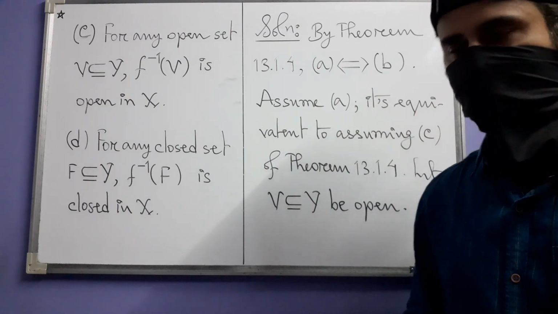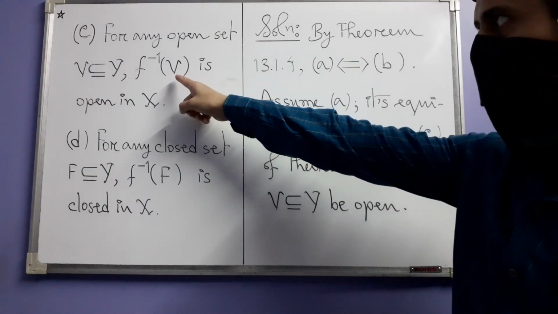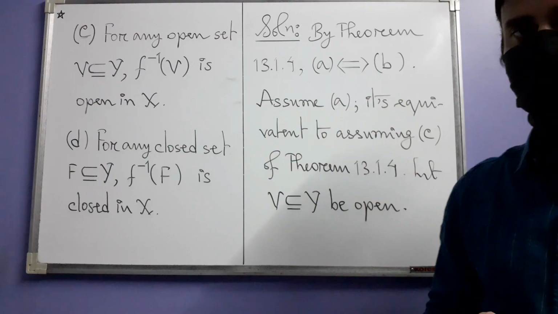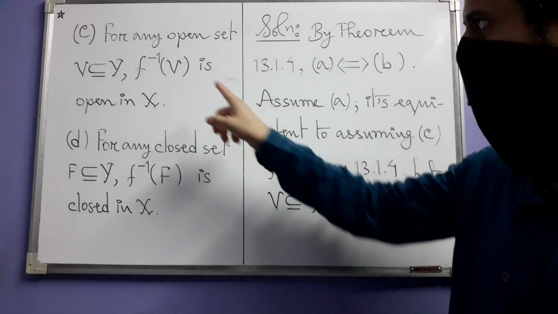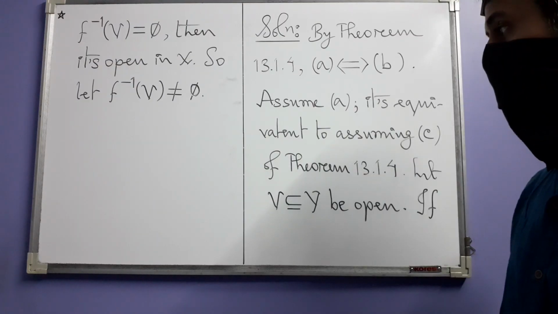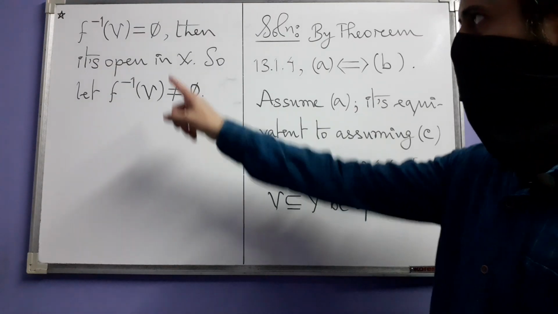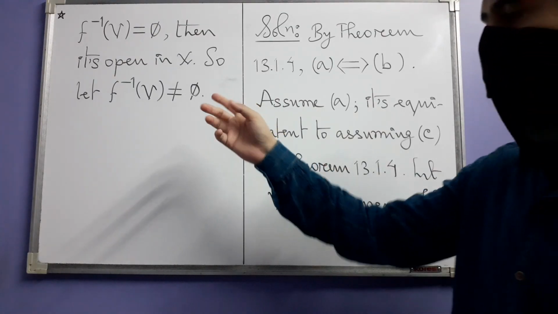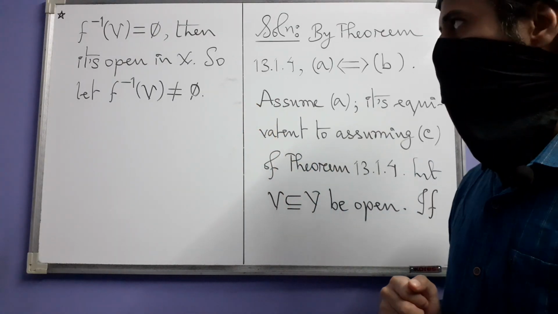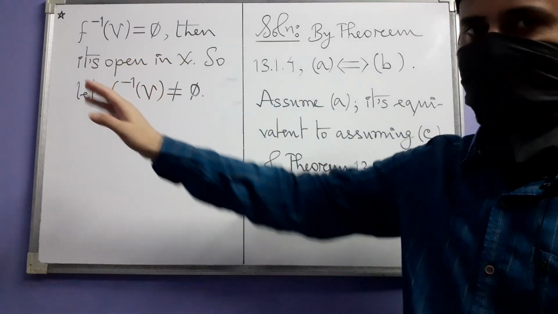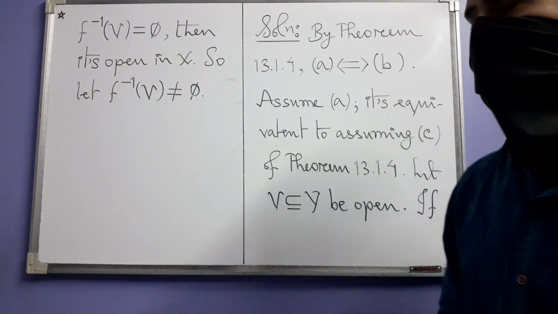Our aim is to now prove this statement C. So that means we are taking any open set V in Y. We now need to show that f inverse of V then is open in X. Now it might happen that f inverse of V is empty. So if that is the case, then obviously it's open in X. Actually there is no need to consider this case separately, but for some reason I decided to show it.